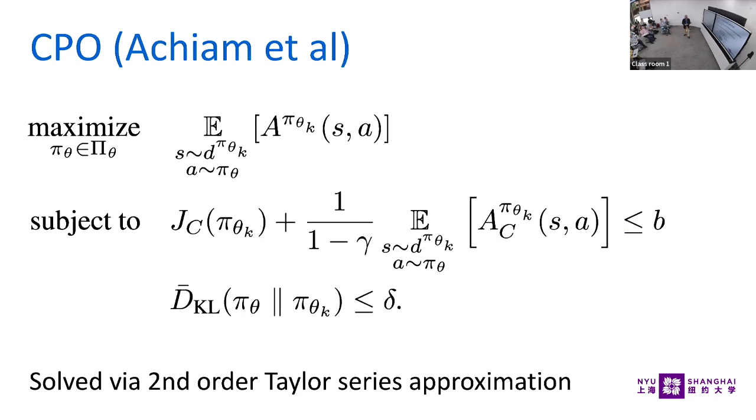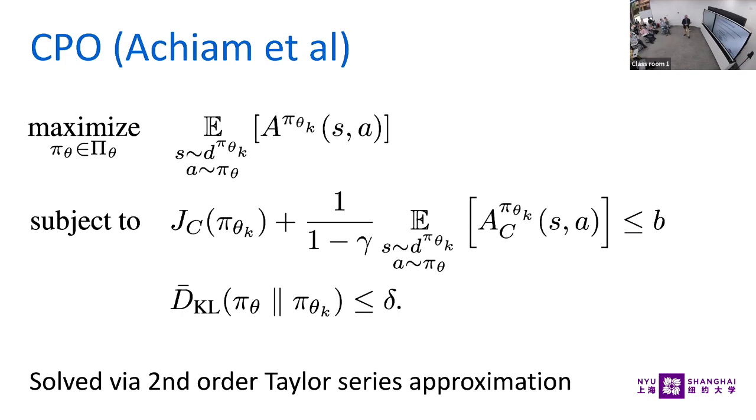And the way they solve it is they work in the parameter space, and they get second order Taylor series approximations of all these terms. And then you can solve in closed form, because it turns out to be a convex optimization problem. You can solve for the optimal theta, but that optimal theta involves a so-called Fisher information matrix that you need to invert.